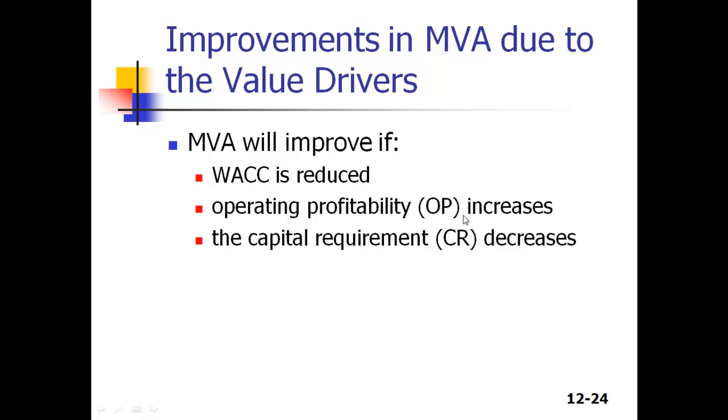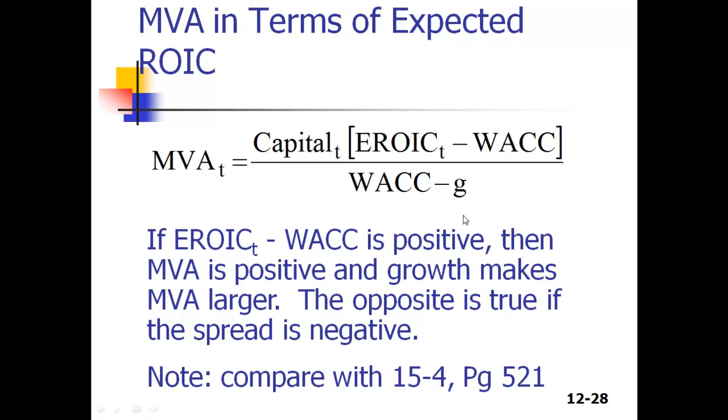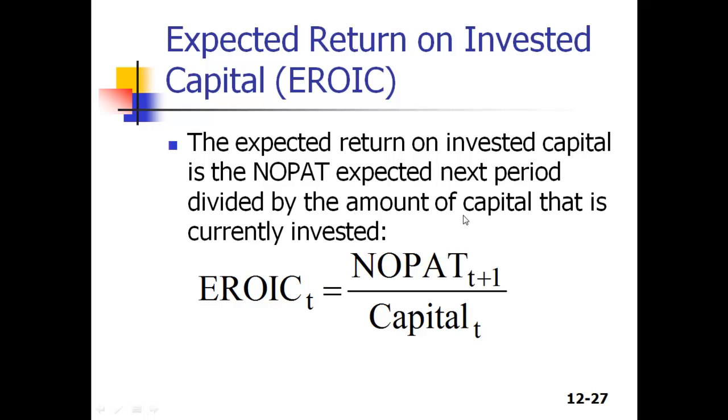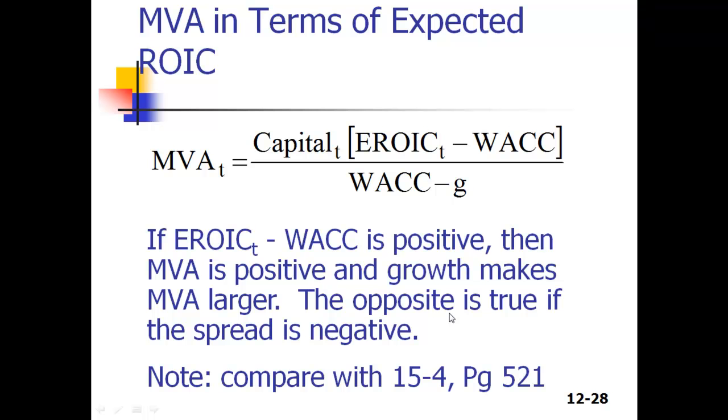Okay, now let's come to, we've done all this. We have done this, right? So your expected return on operating capital is your no PAT in the upcoming year divided by your capital at the start of the year.